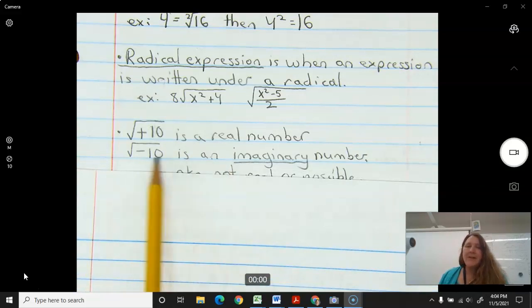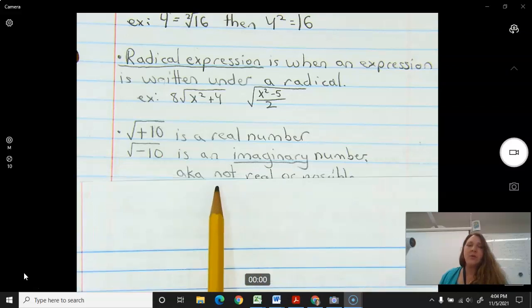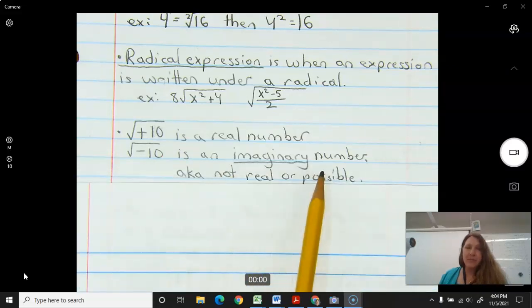But if you have a negative sign out here, you're going to get what is called an imaginary number, because there's no number that when you square it gets you a negative answer, because a positive times a positive is a positive, a negative times a negative is still a positive.